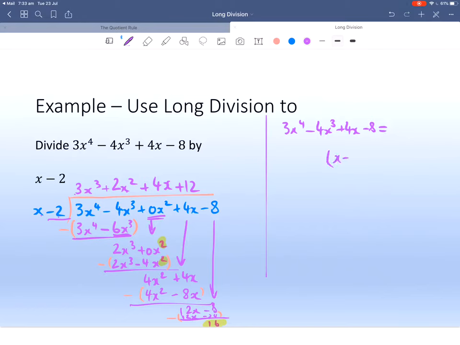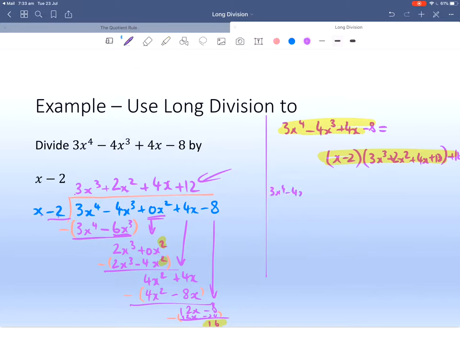So I'm going to go x minus 2, and then I'm going to put everything in the brackets. 3x cubed, so I'm looking at this bit here, plus 2x squared plus 4x plus 12 plus our remainder, plus 16, okay?